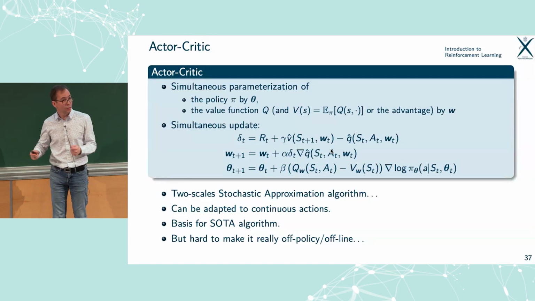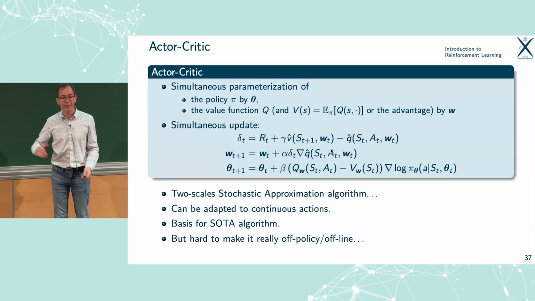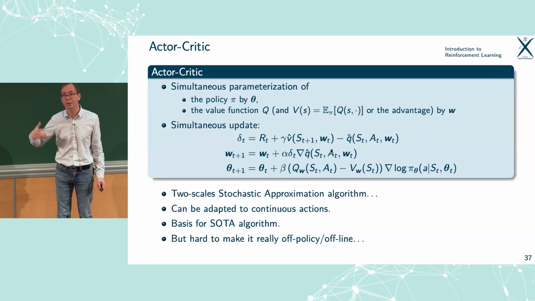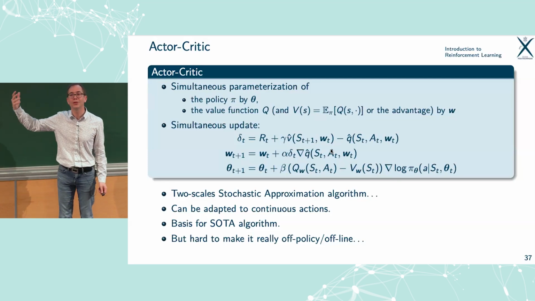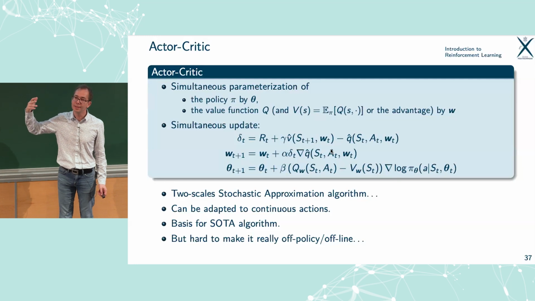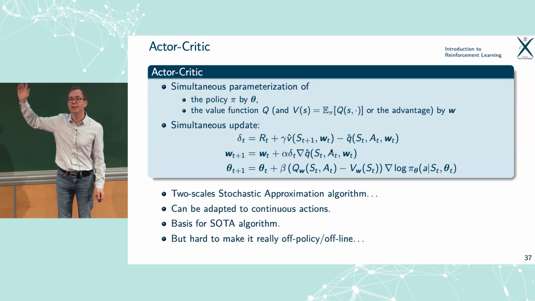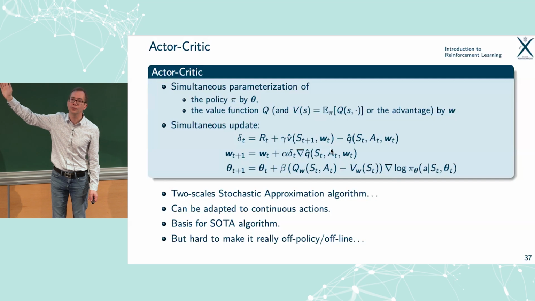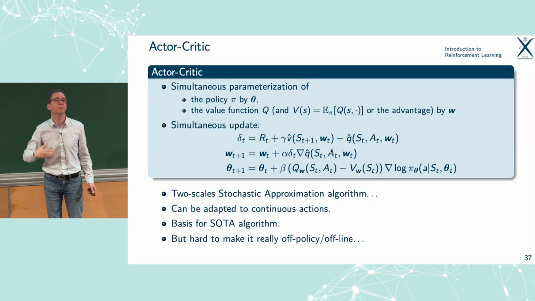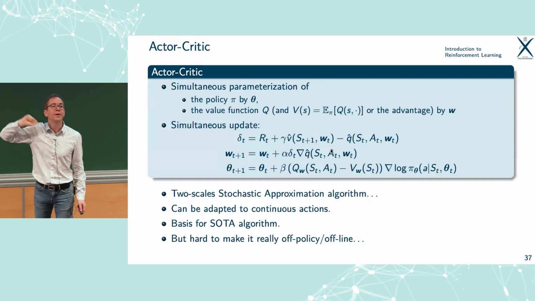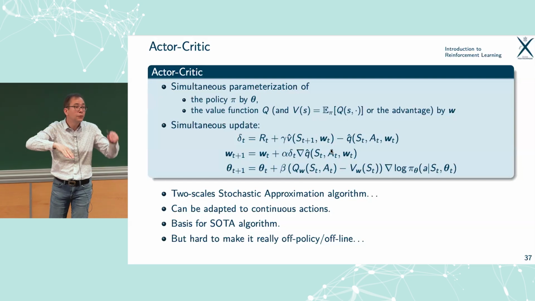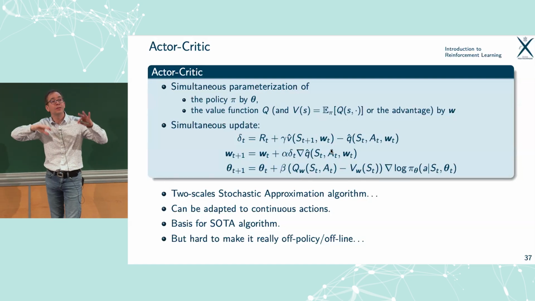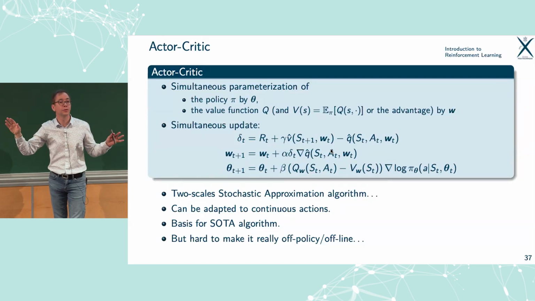And here, the proofs are quite involved and related to stochastic approximation, to stochastic algorithms, and in particular to the idea of two-scales algorithms, in which you move the policy at a slower pace than the estimate of your value function, so that at each time step, morally, the value function is close to the value function of the current policy.